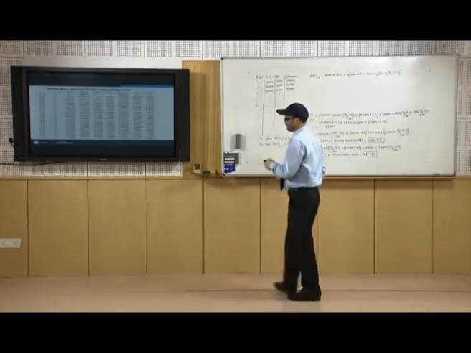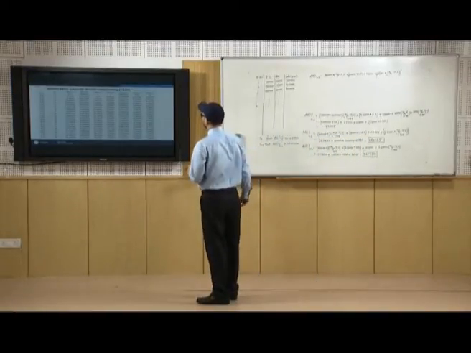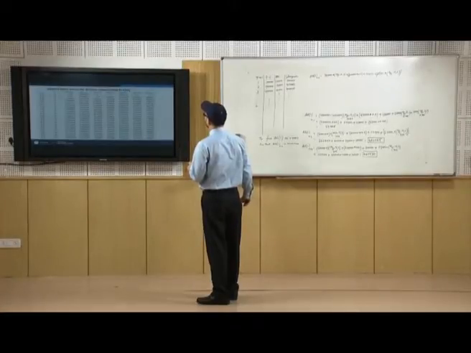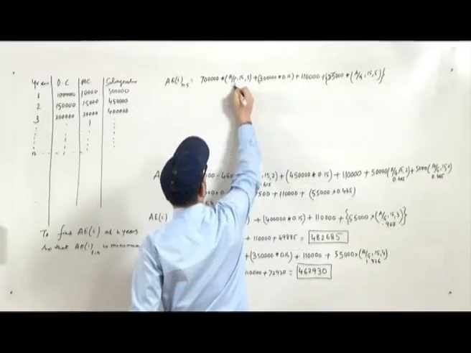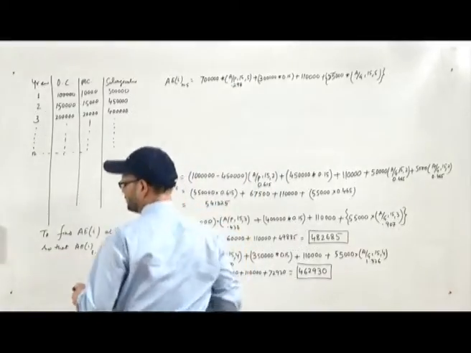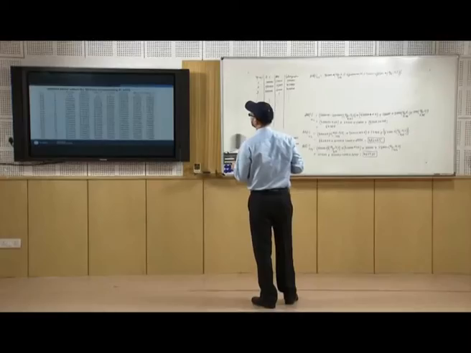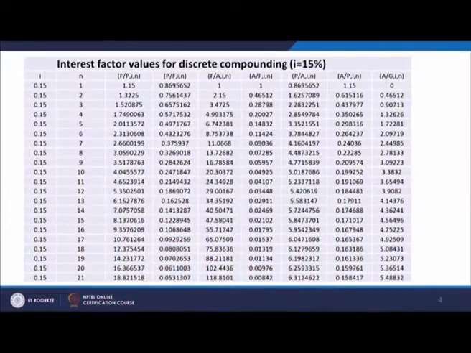Now, A by P 15.5 is coming out to be 0.298 and A by G 15.5 is coming out to be 1.722.